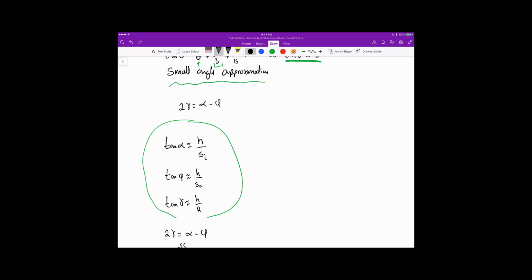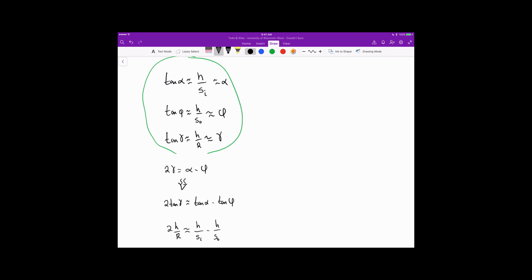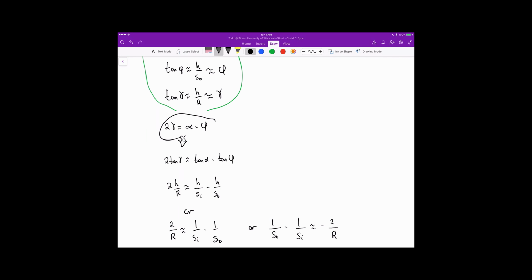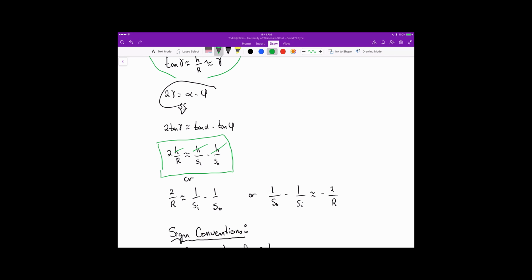In other words, tangent alpha is approximately alpha, the tangent of phi is approximately phi, and the tangent of gamma is approximately gamma. And plug that into this equation right here. So what we end up getting is this relationship. Now I've got h in every single term, and so I can divide through by h and get those to cancel out. And I end up with, after just a little bit of algebra, this equation right here.